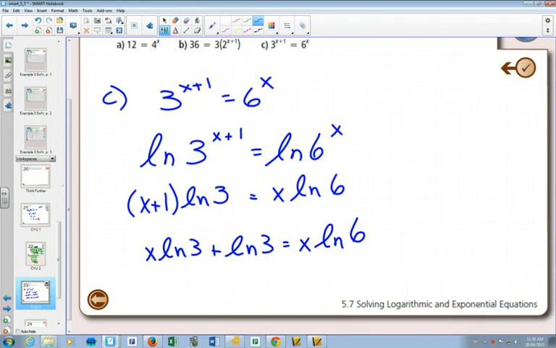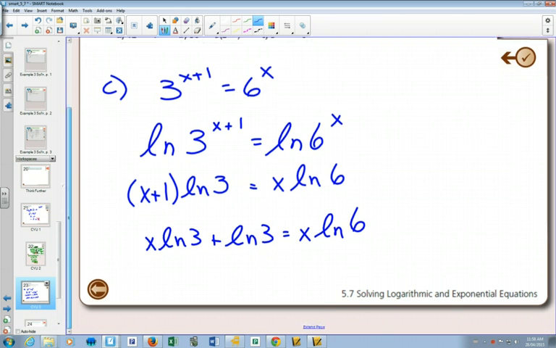Now think of these as numbers. If it was 2x plus 3 equals 6x, you'd be able to solve it quite easily. Sometimes it just gets a little bit harder because they're using natural logs or logs instead. The idea is you want to get your x's to one side of the equation and your numbers to the other side.